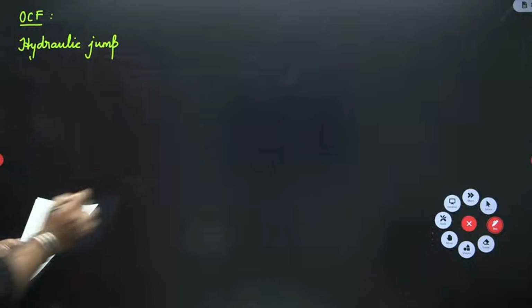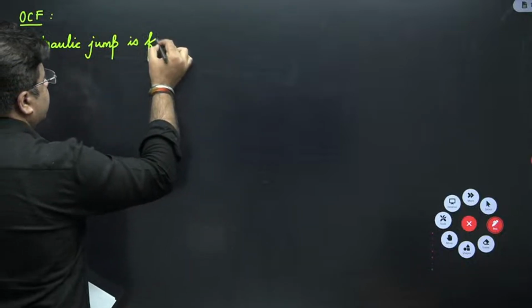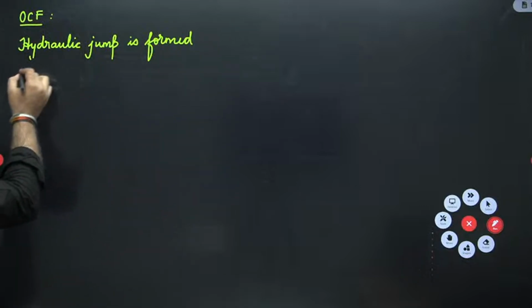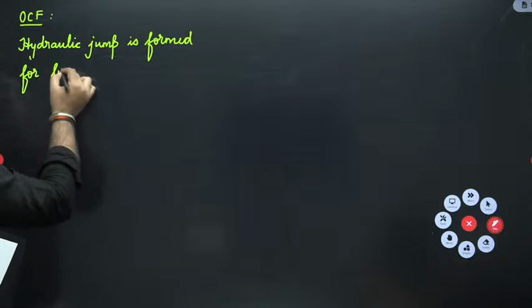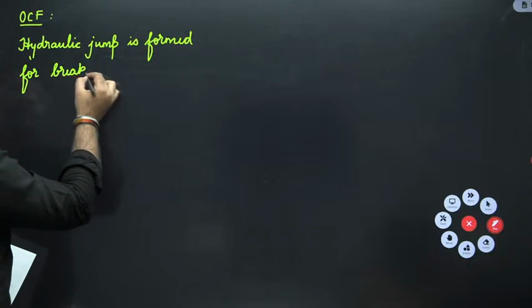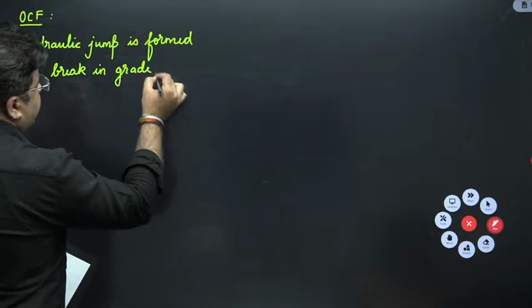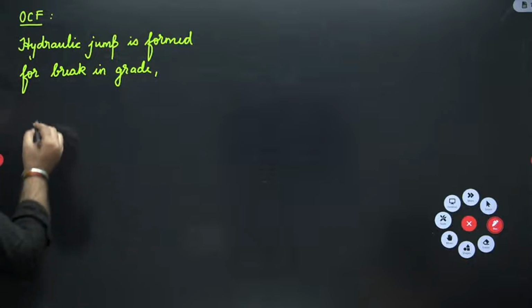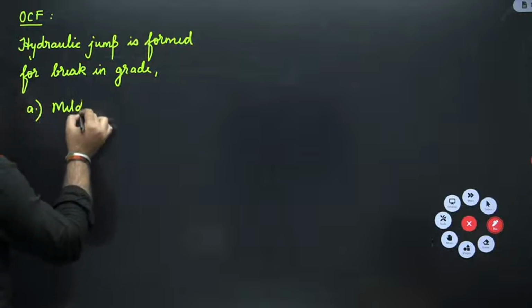So the question is saying, a hydraulic jump is formed for break in grade, and four options were given to you. First one is when the slope changes from mild to steep.